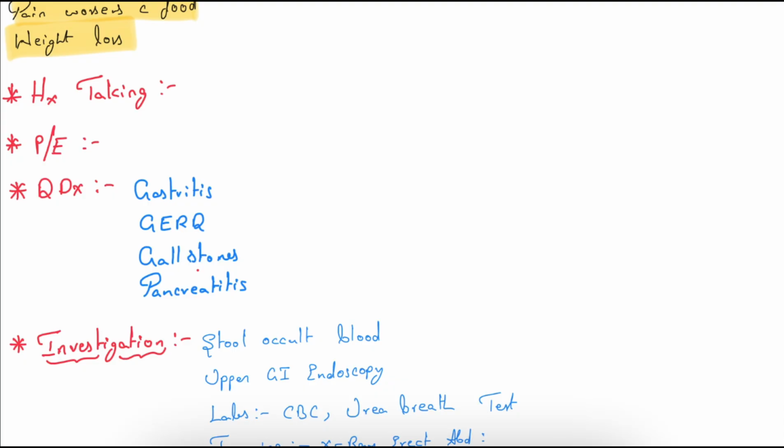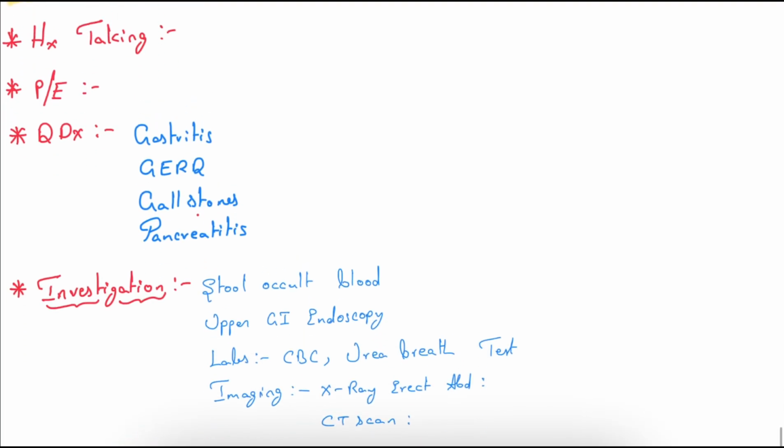Does the patient get pain after eating food or before eating food? We have to ask about aggravating and relieving factors of the pain, and vomiting, vomiting blood, and any black stools like melena. These are the things we have to suspect and ask.